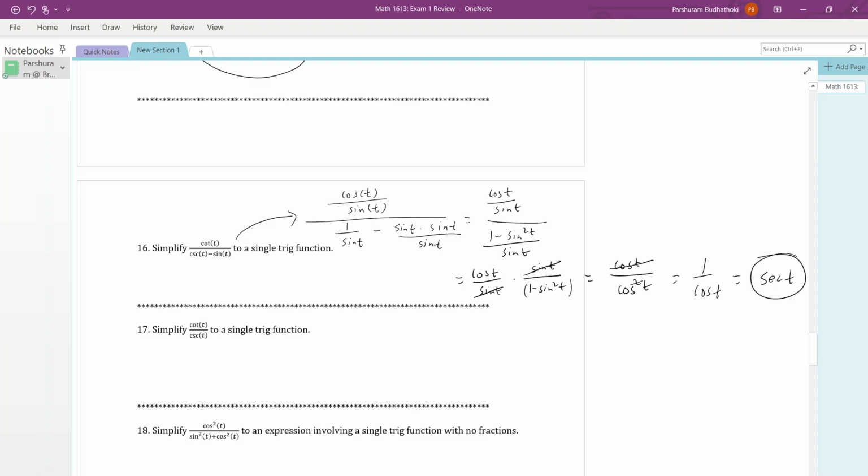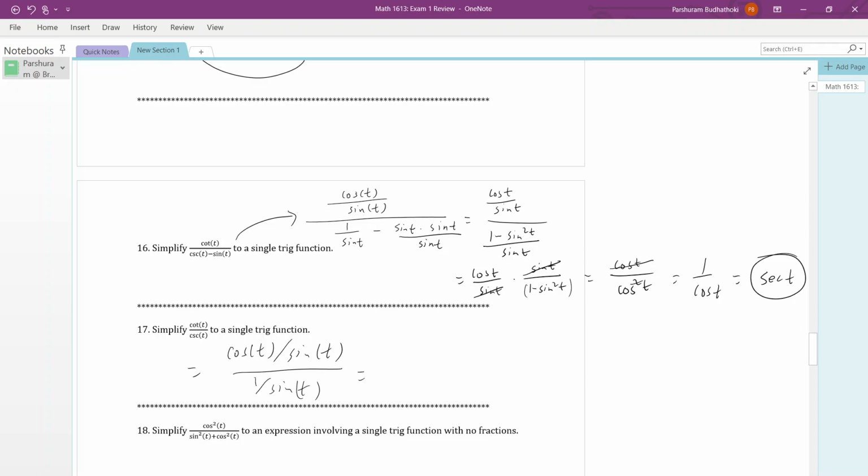Okay, so that's problem 16. Problem 17 is an easy one. Just plug in the values: cotangent t, which is cosine t over sine t, and cosecant t means 1 over sine t.